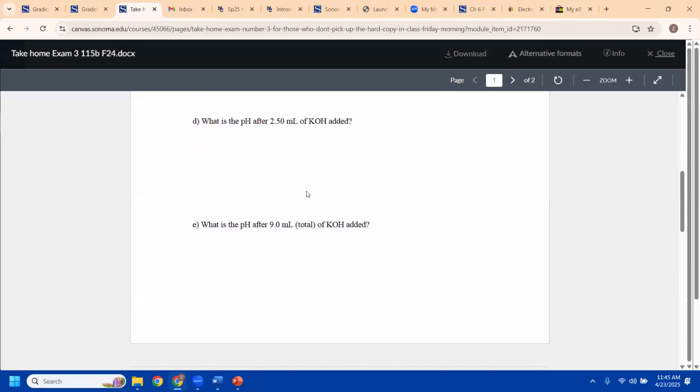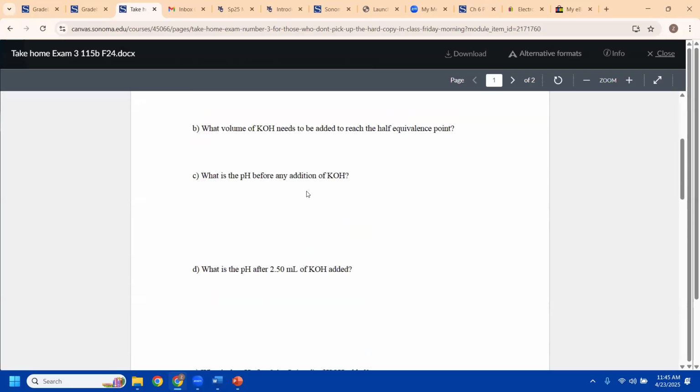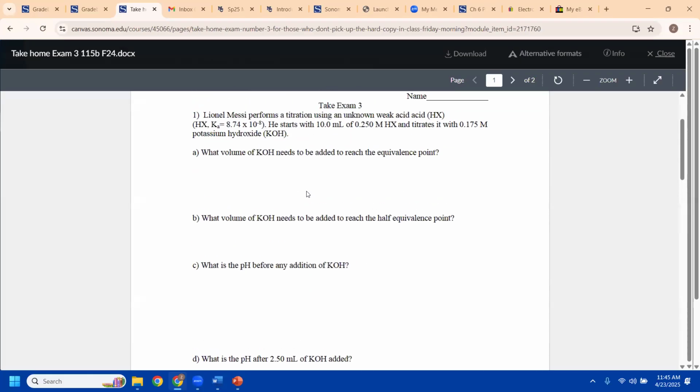What is the pH after 2.5 millimoles of KOH is added? So going back to this problem, we had 10 mils of 0.25 molar, so it was 0.25 millimoles per milliliter. Maybe you should just solve for this separately instead of doing it all in one like I did the other one.